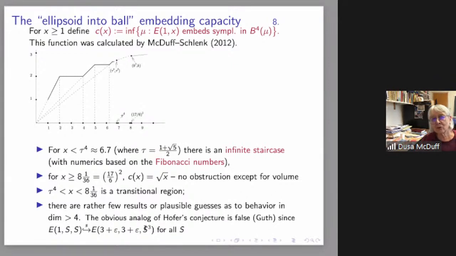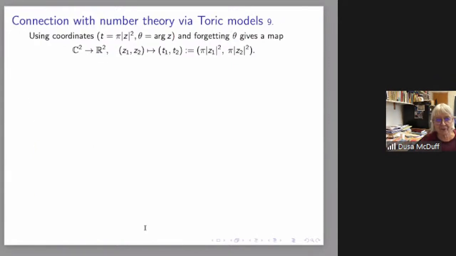Now, let me try and explain a little bit what goes into this calculation. First of all, the connection with number theory comes via toric models. So just a brief reminder about what toric models are. A ball or an ellipsoid is very symmetric: you have an action of S1 times S1. If you think of them sitting inside R4, then you can use polar coordinates in R4.